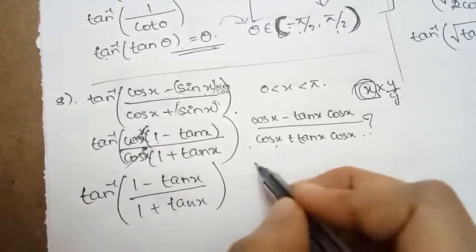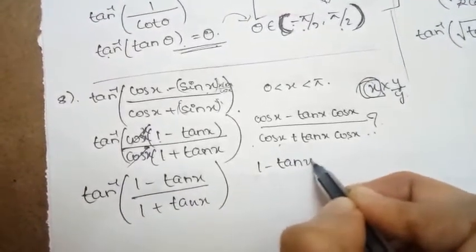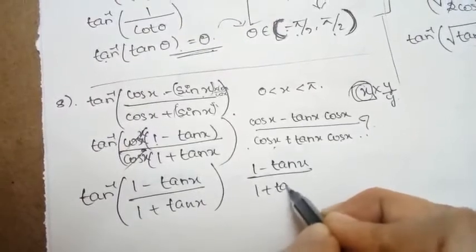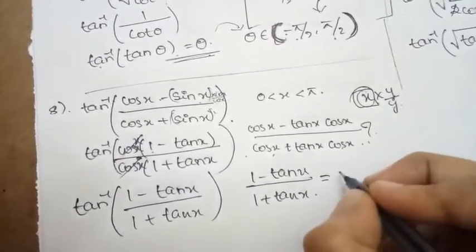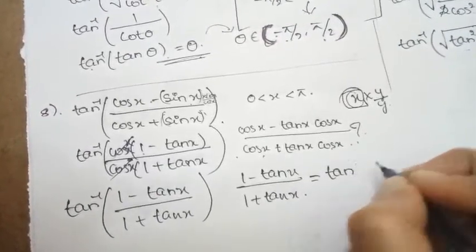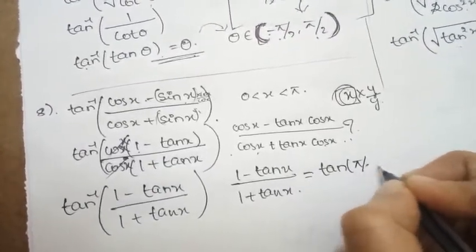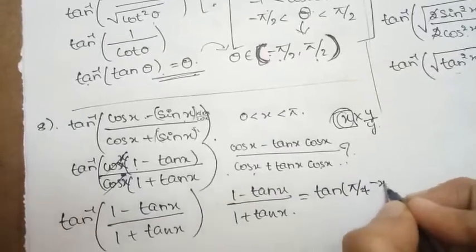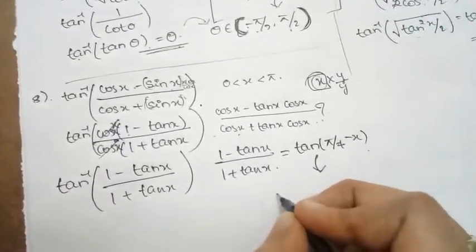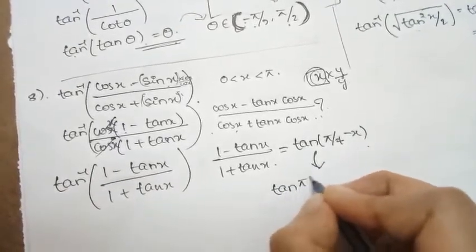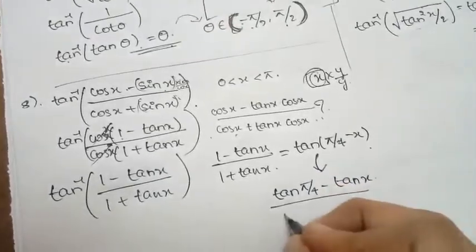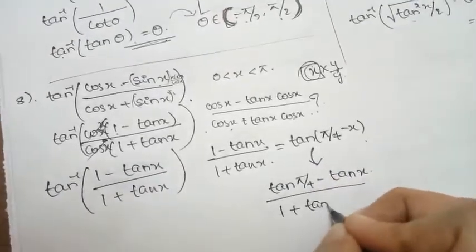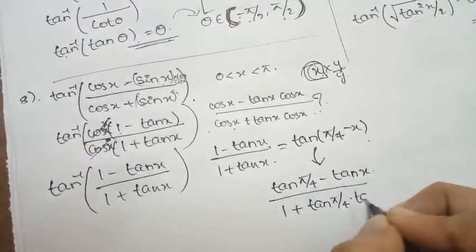By clearly looking into (1 minus tan x) divided by (1 plus tan x), by observing this one, I can write it as tan(pi by 4 minus x), right? Because the formula for tan(pi by 4 minus x) is nothing but (tan pi by 4 minus tan x) divided by (1 plus tan pi by 4 into tan x).